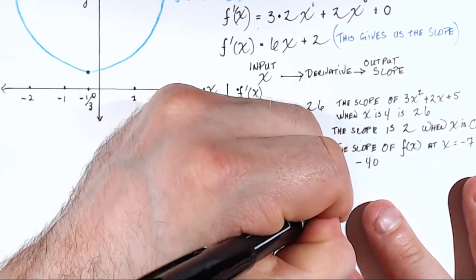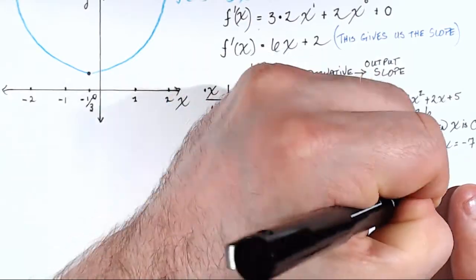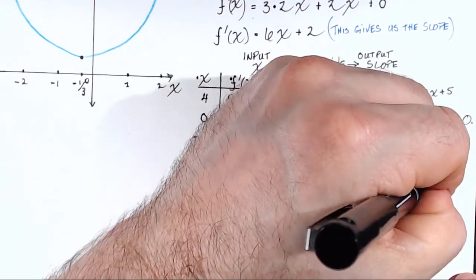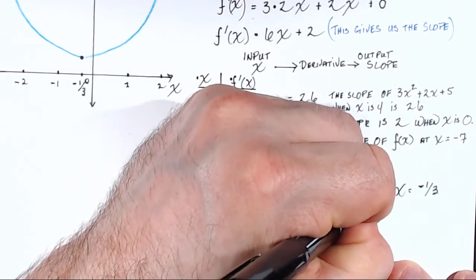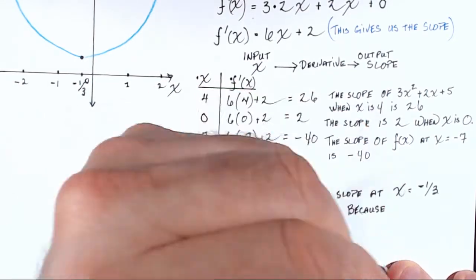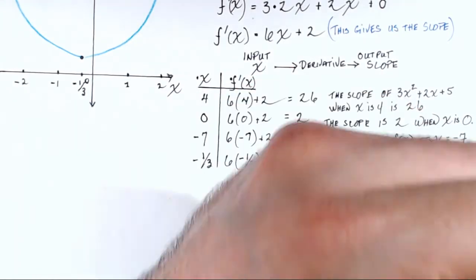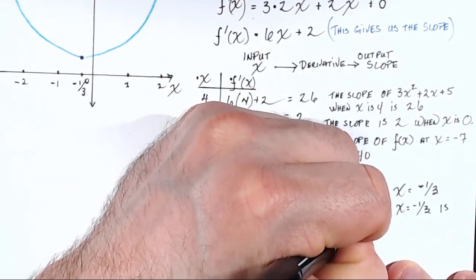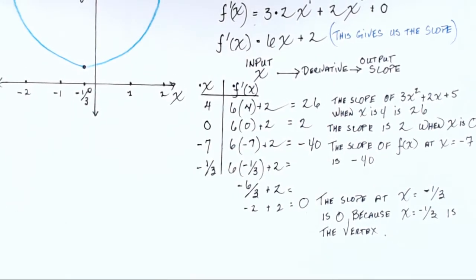So the slope at x equals -1/3 is 0, because x equals -1/3 is the vertex. So the slope's always 0 at the vertex. That's something we've learned today.